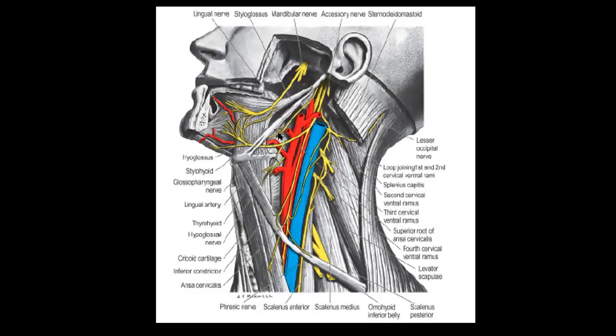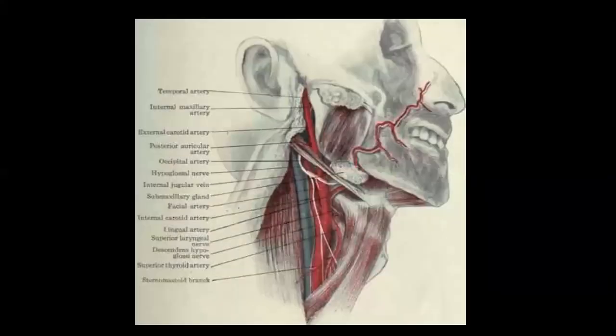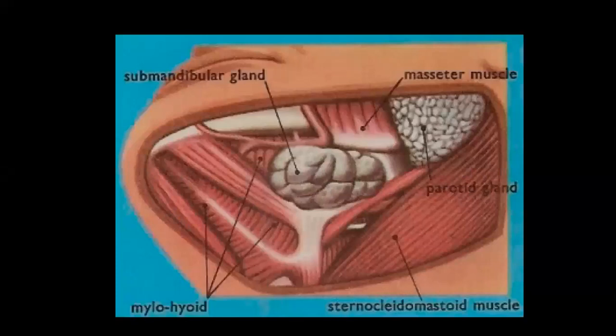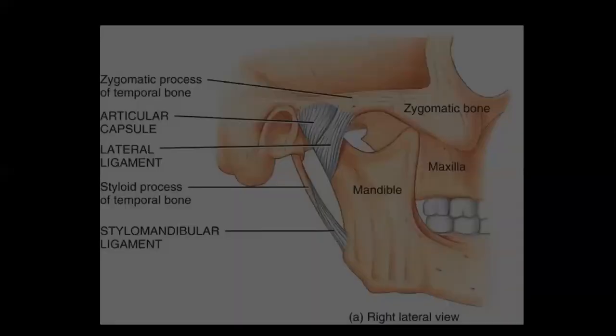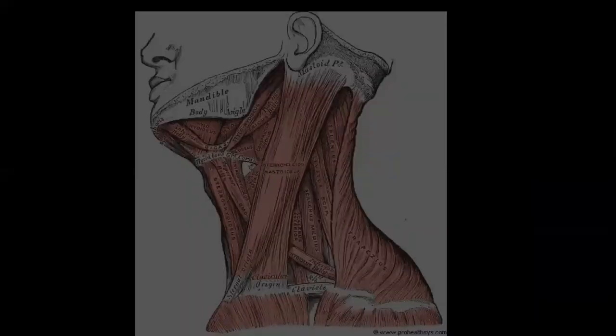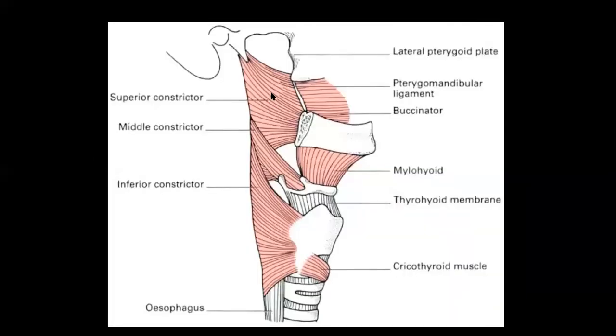Now, if you remove all these structures, you will find the floor of the anterior triangle. Already I told you what it is. So remove all those structures, then you will find the floor of the anterior triangle, especially carotid triangle.